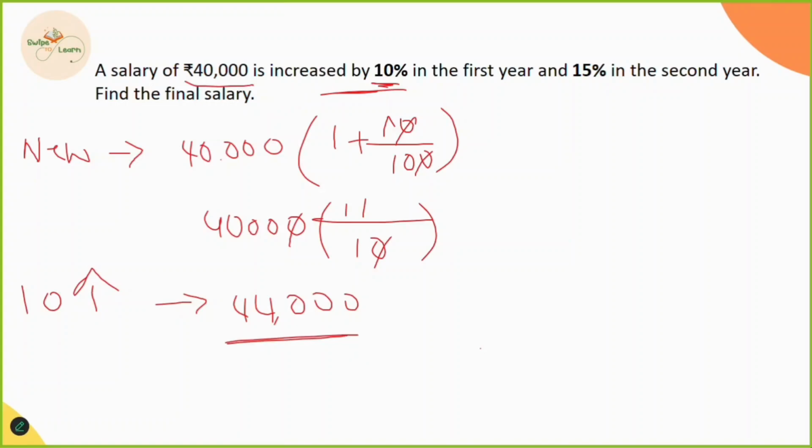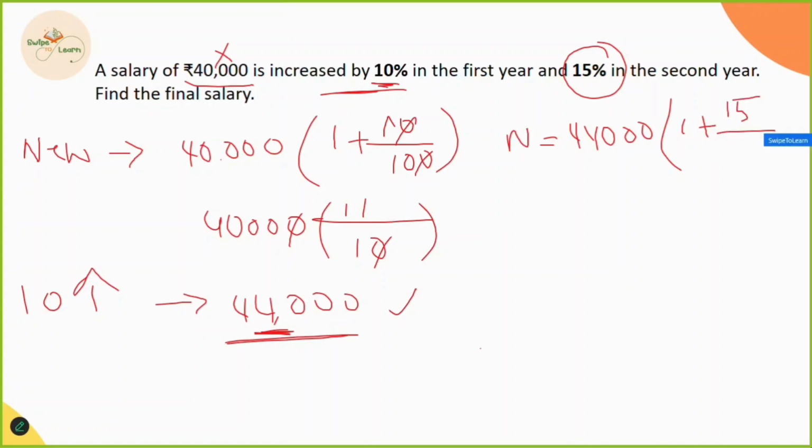Now, this second year 15% increase should be added to this 44,000 salary, not to the 40,000 salary. So now the initial salary becomes 44,000. New salary equals 44,000 into 1 plus R by 100, where R is 15. Cancelling 5 threes, 5 twos, the LCM becomes 20, and 20 plus 3 becomes 23.